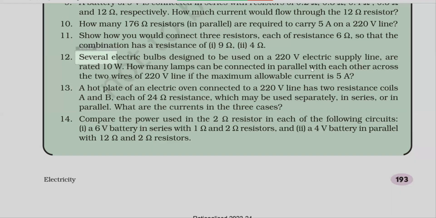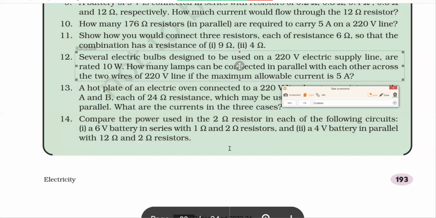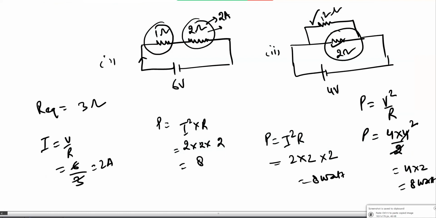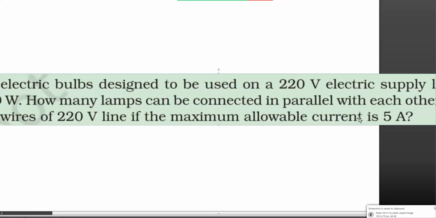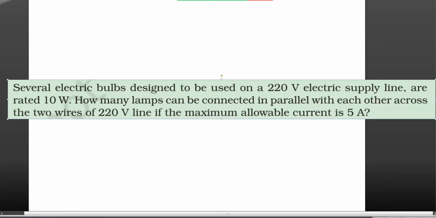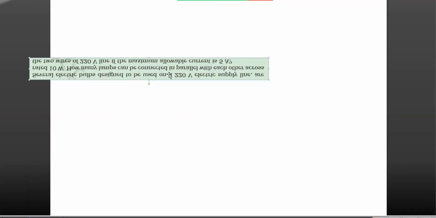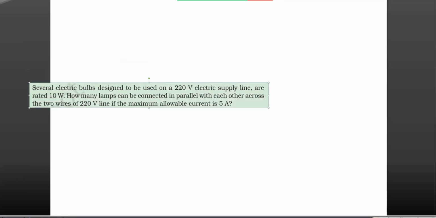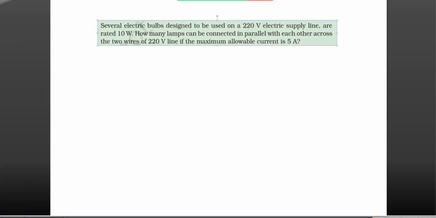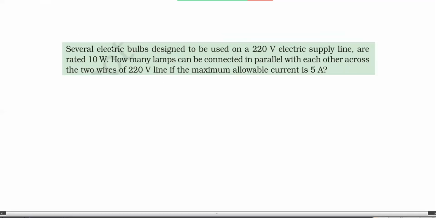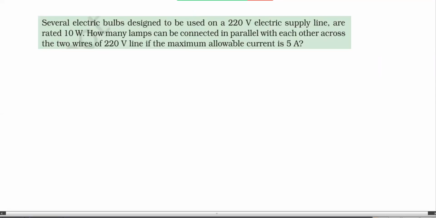There are several electric bulbs that are connected with a 220 volt battery across a line, and each bulb is 10 watt rated.